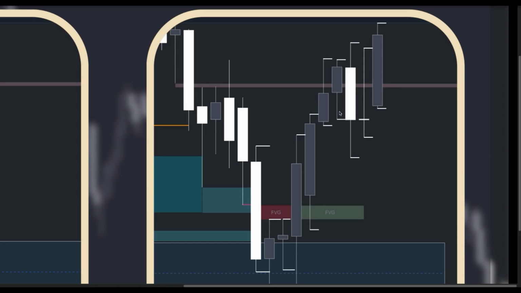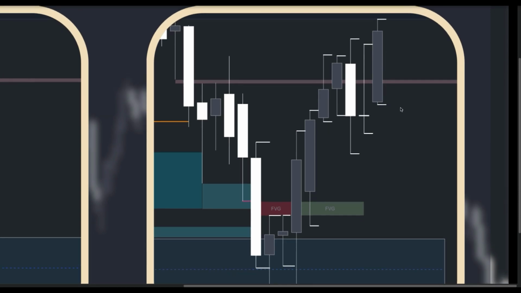But since it closed inside of this bullish candle, it said, hey, we'll still have some bullish momentum to get through with, which we did. And as you can see, it didn't even take out the previous day low or the previous day high on this candle. And then the next day we had some more bullish momentum, finally breaking out and going back up.